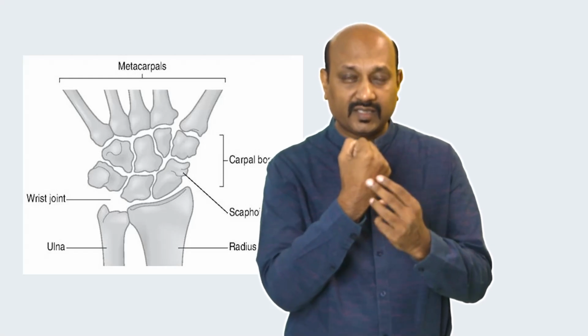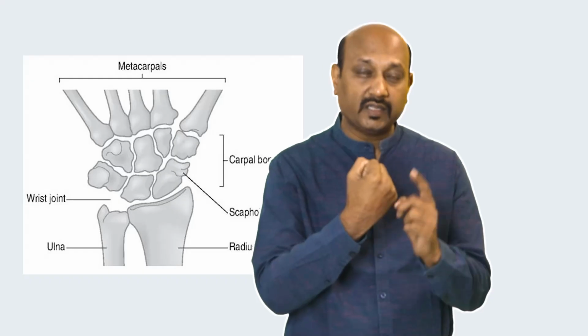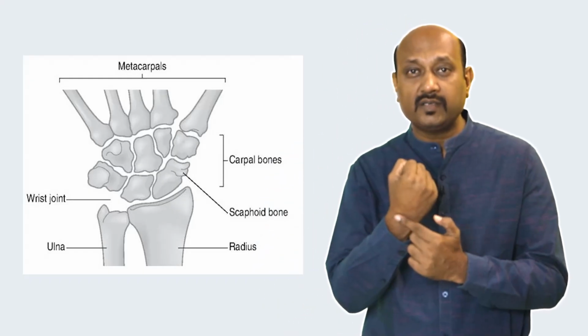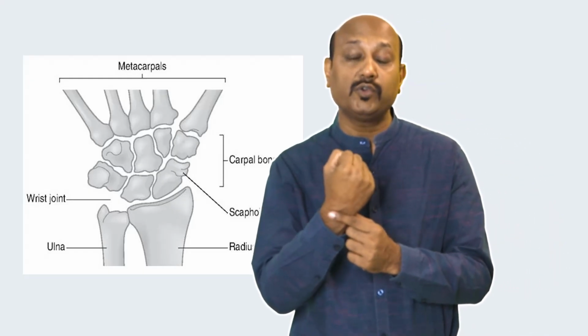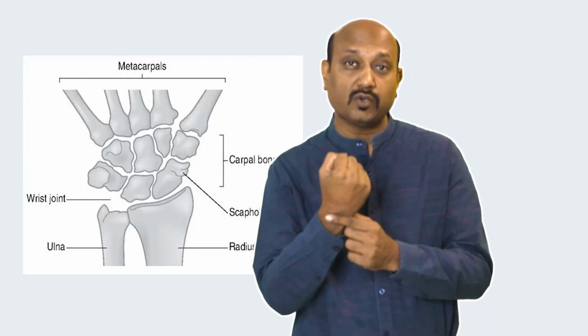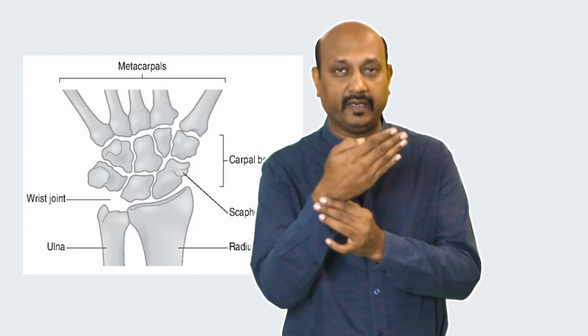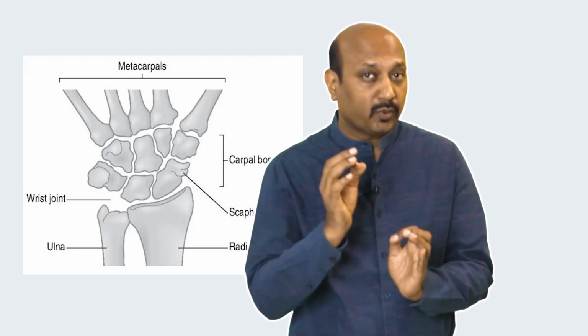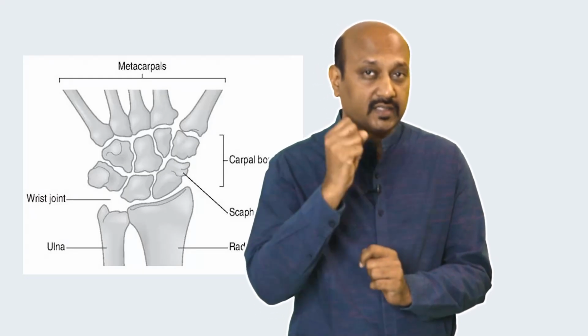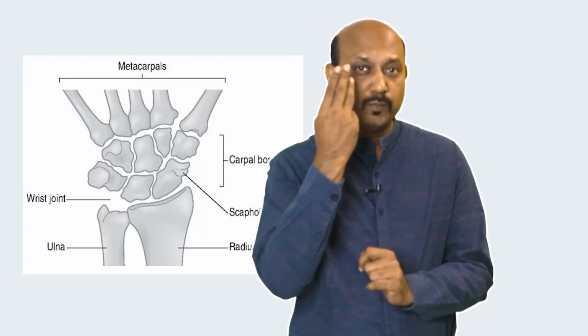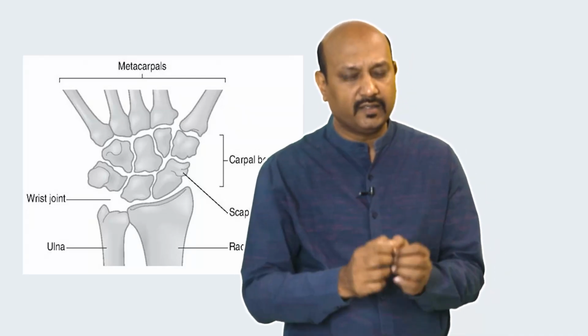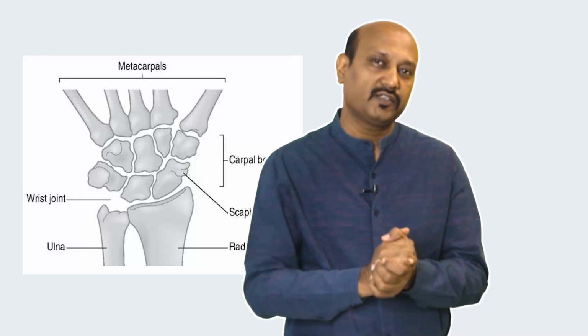So in general, three bones are participating in the formation of the wrist joint. Sometimes more than two carpal bones also participate during deviation of the hand, right? So that's why the proper definition will be that a joint is a junction between two or more than two bones or cartilage. So this is a very basic definition of joint.